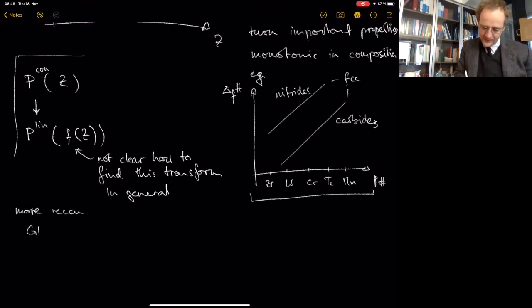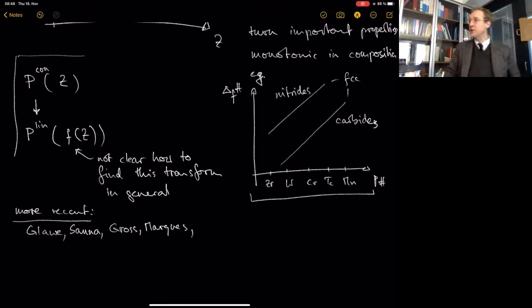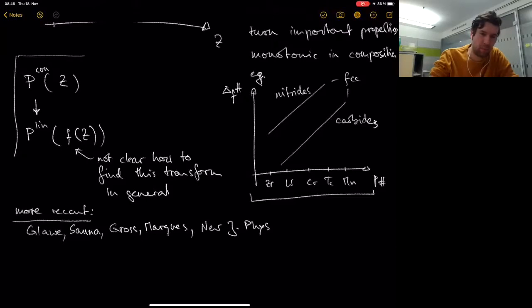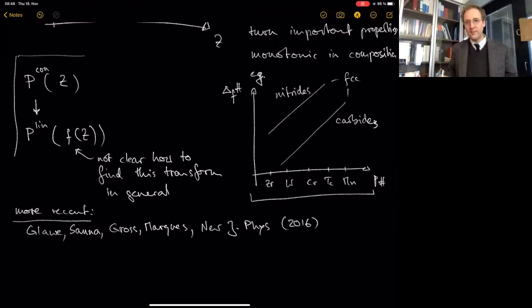More recent work includes Glave, Sana, Hardy Gross, and Michael Marquez, who published a modified Pettifor scale in the New Journal of Physics in 2016.